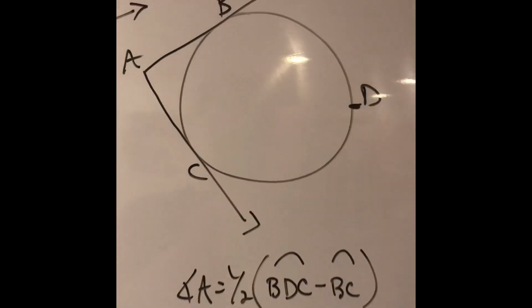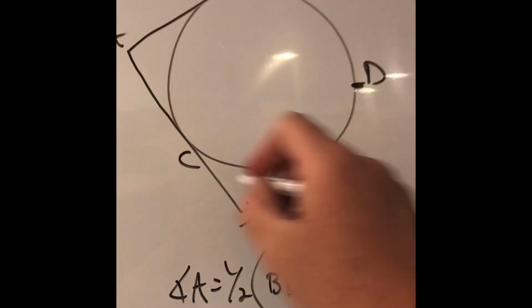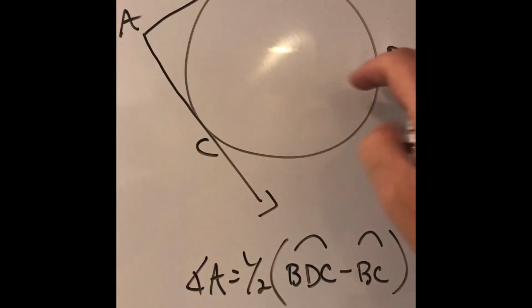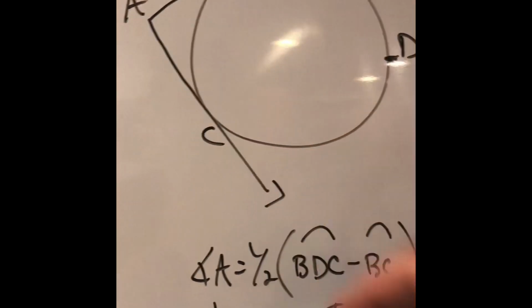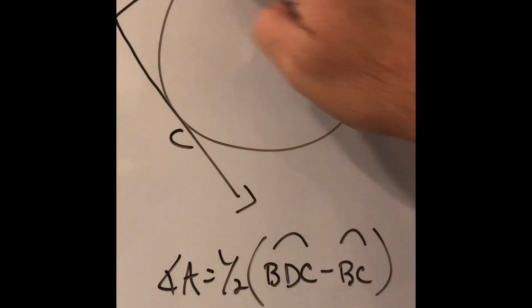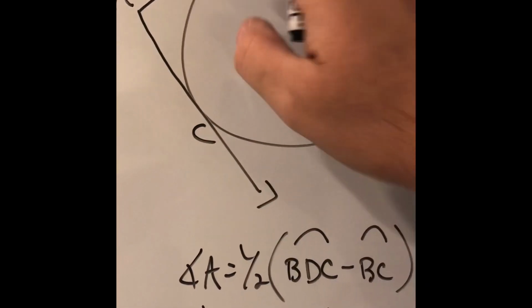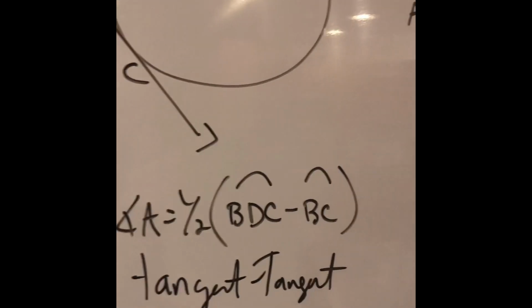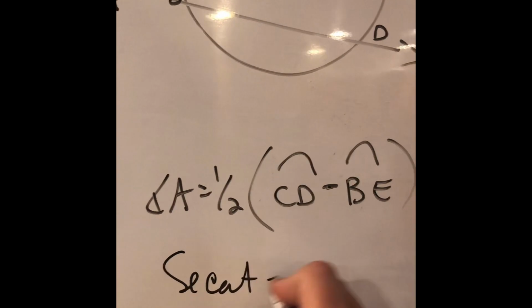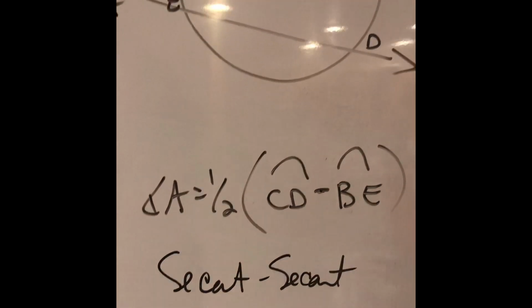Here, with the tangent angle, the 2 arcs make up the whole circle. So if this arc is, let's say, 260, this arc's going to be 160 because they have to make up the whole circle. So we're going to take the arc furthest away, BDC, subtract the arc closest, and take half. And then the last one, we'll call it the secant angle.